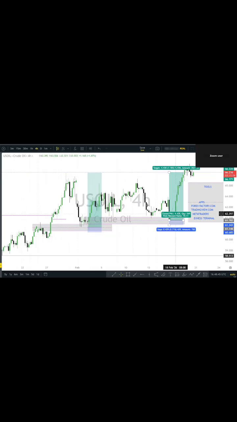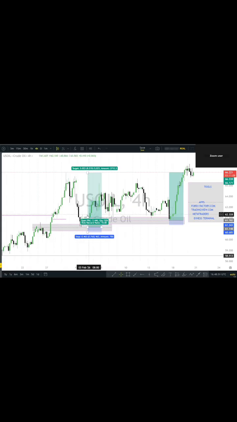This is 4 hour. I moved to 1 hour and I was able to find a break of structure here, which is market structure. Another one here is liquidity. Another one is directional bias. Another one is this zone here.